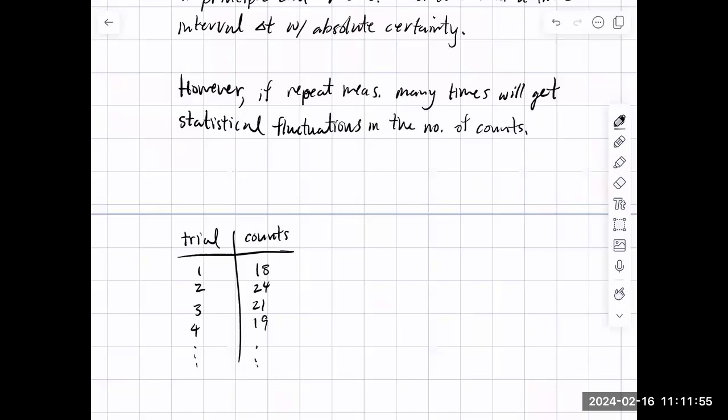And so we get a different result every time. We could make a histogram and plot the results, and we would get some kind of distribution. And so this is the number of counts here, and this is the number of, say, occurrences.